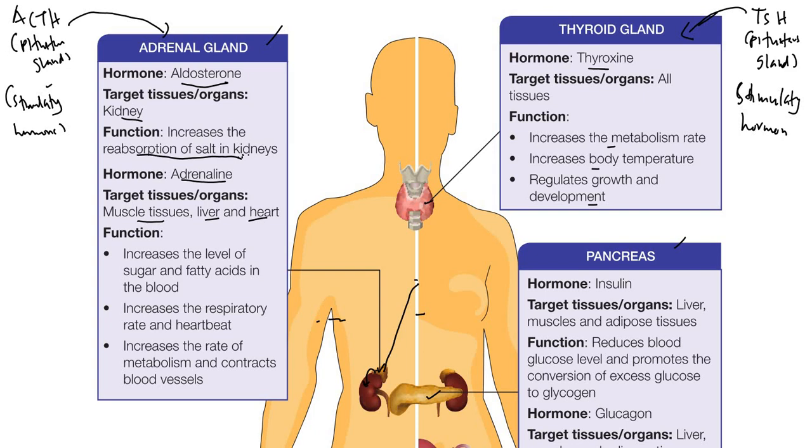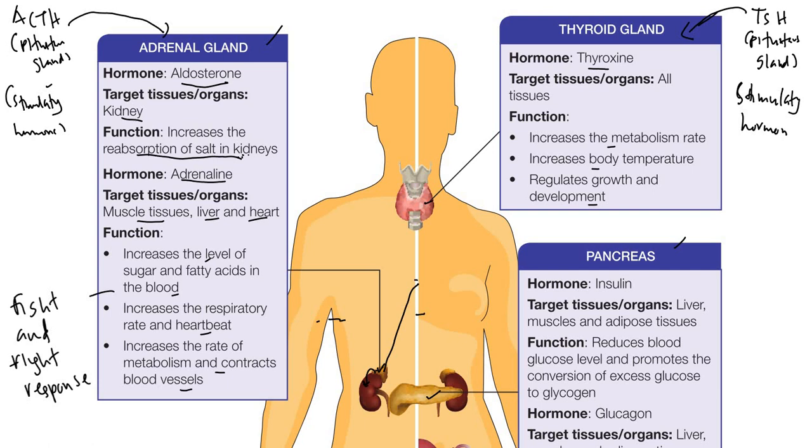The functions: increase the level of sugar and fatty acids in the blood, increase the respiratory rate and heartbeat, increase the rate of metabolism, and contract blood vessels. This is related to the fight or flight response. What is the fight or flight response?